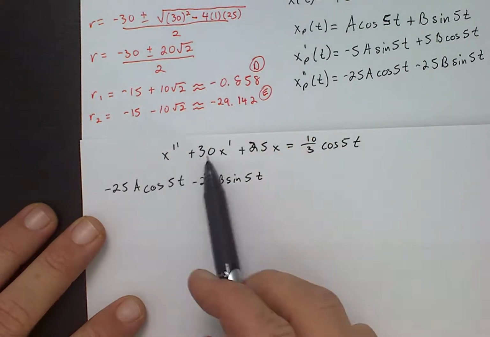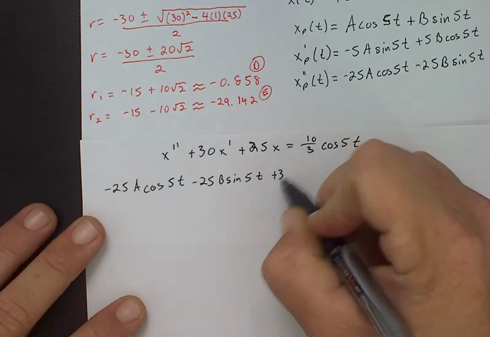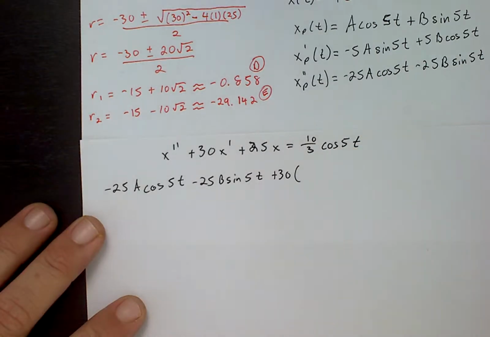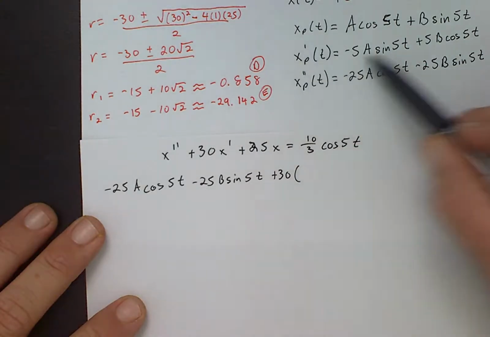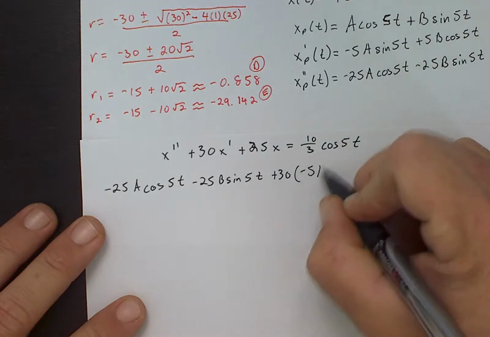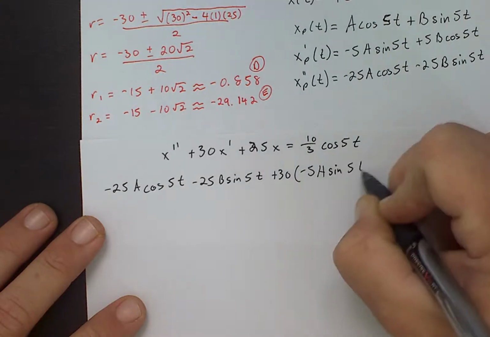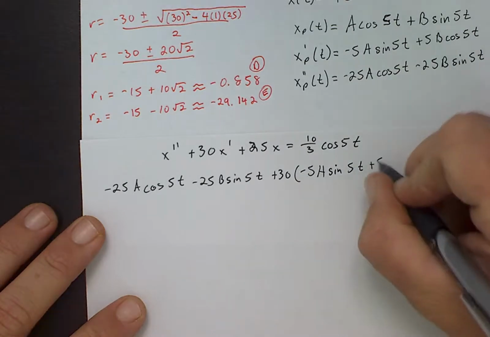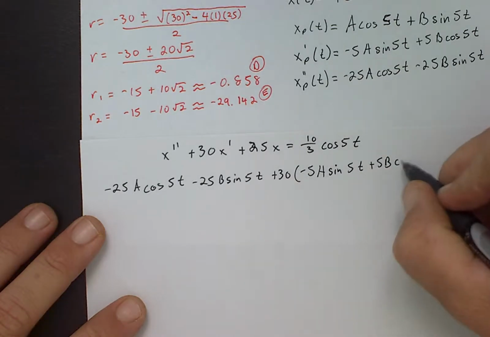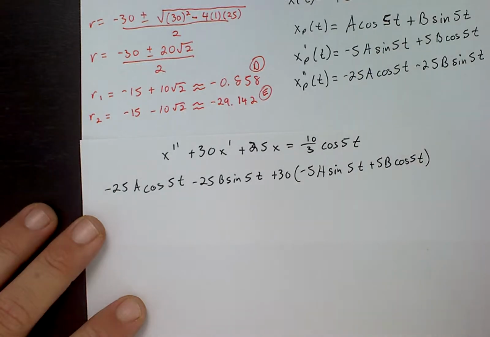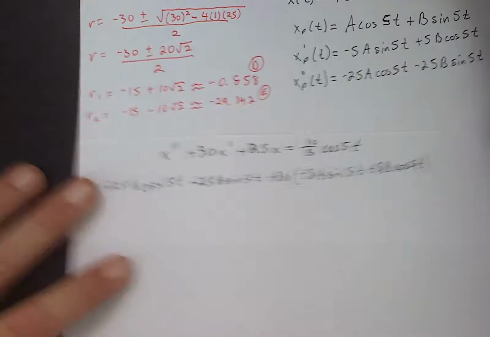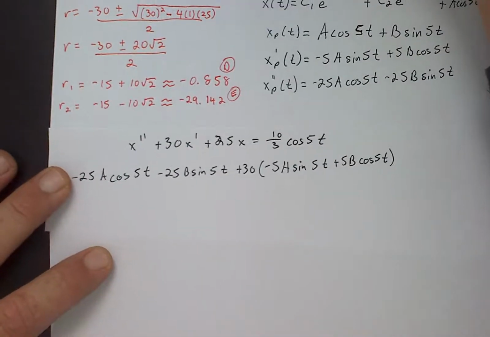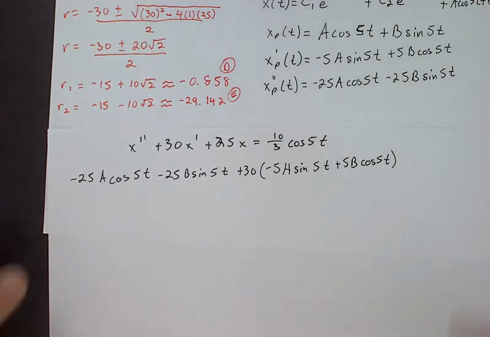So that's my x double prime plus 30 times x prime p of t, which is this, plus 5b cosine 5t. Keep plugging in.